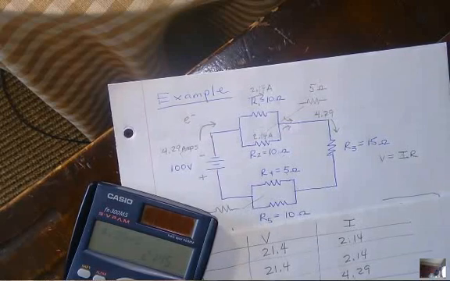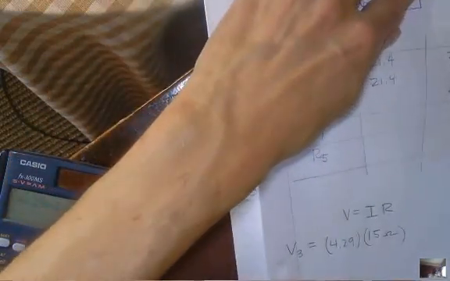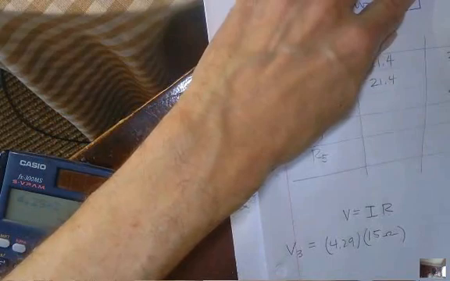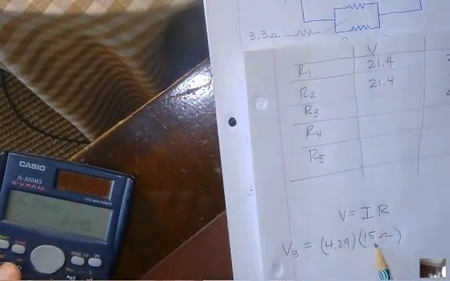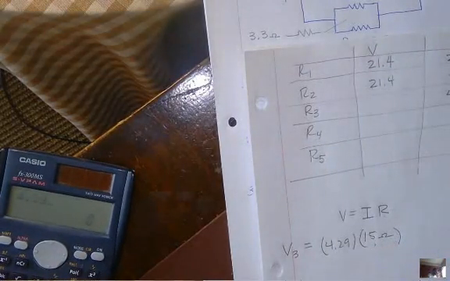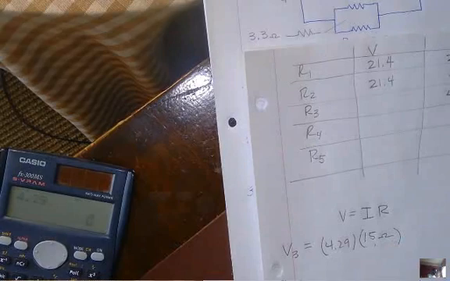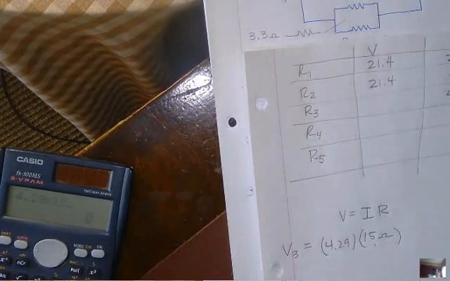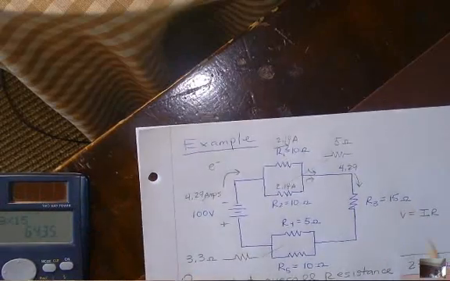This is for R3. Okay, so for R3, the voltage V3 is 15 times 4.29. So 4.29 times 15 is 64.35.